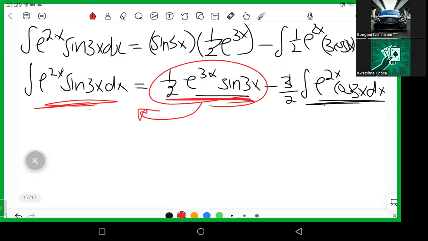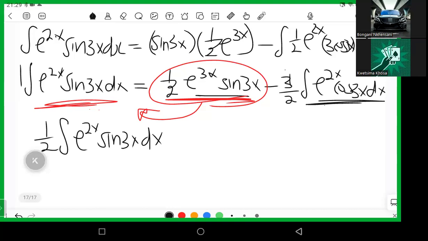So we're going to have 1/2 the integral of e to the 2x sine of 3x dx, because 1 minus half would be half. And this is equal to minus 3/2 the integral of e to the 2x cosine 3x dx.